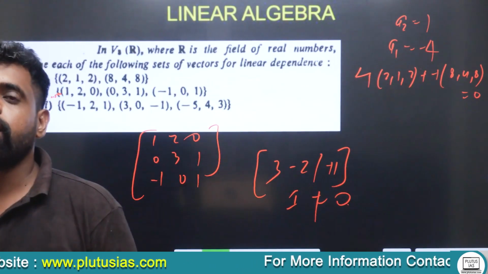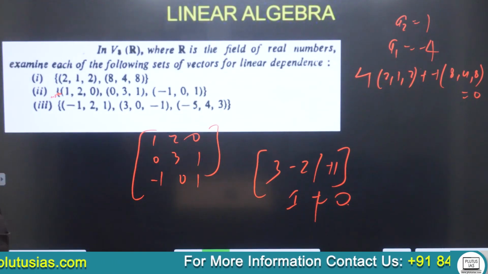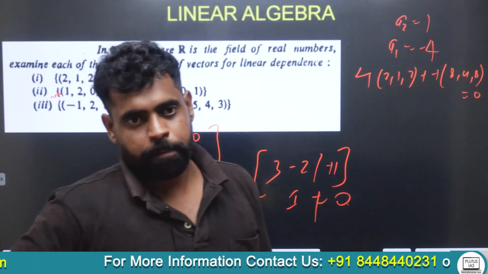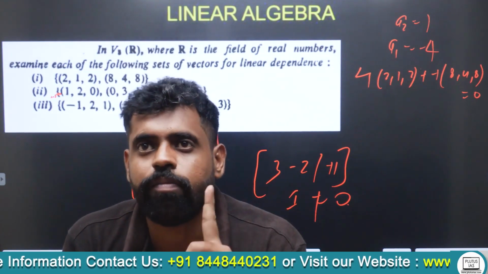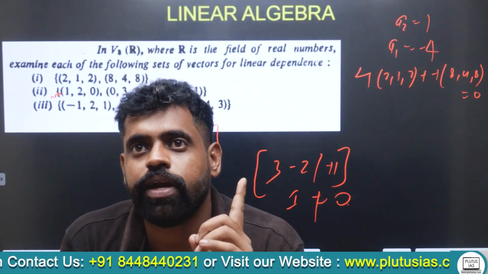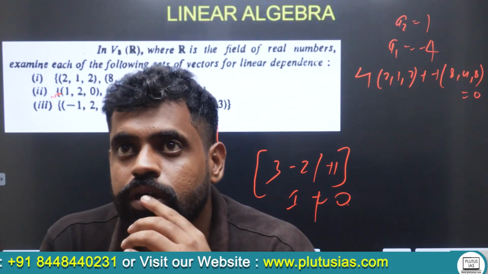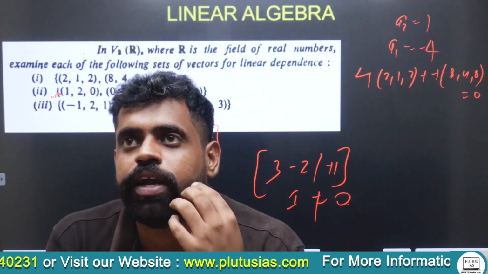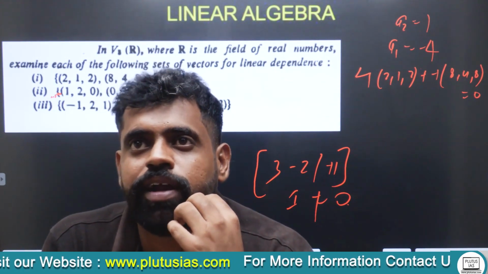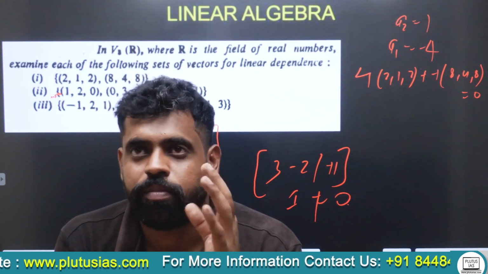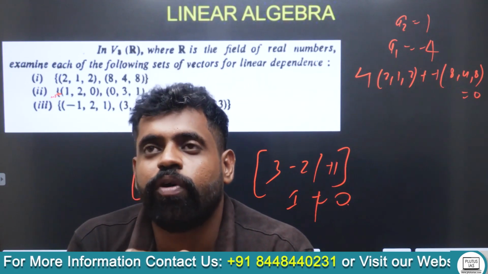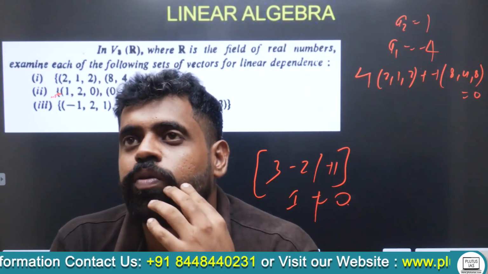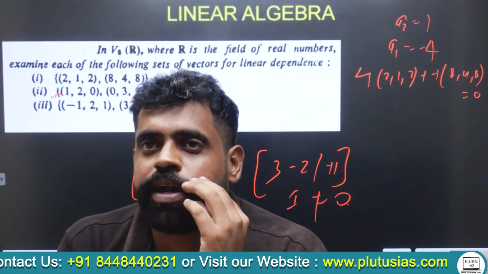So if the determinant is not equal to 0, it is independent. How to find the determinant of the first one? We can't find the determinant of the first one. Not that we can't find it in higher mathematics, but for now we cannot do it here, so you have to go with that method only.